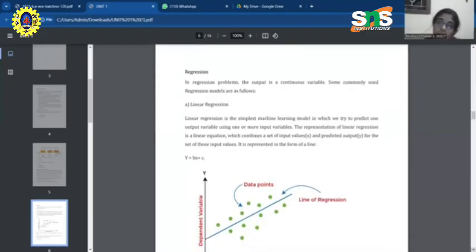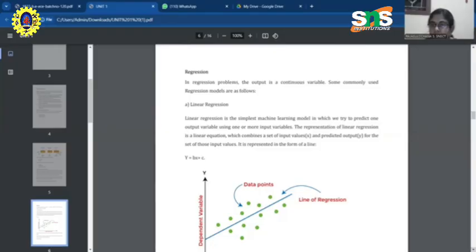How this regression model and classification model differs is that regression is based on continuous variable, whereas classification is based on discrete variables. For example, continuous variable in the sense the variable will hold values like 10, 20, 0, all numerical values. On the other hand, if the class label contains values like dog, cat, apple, orange, then it is discrete variables.